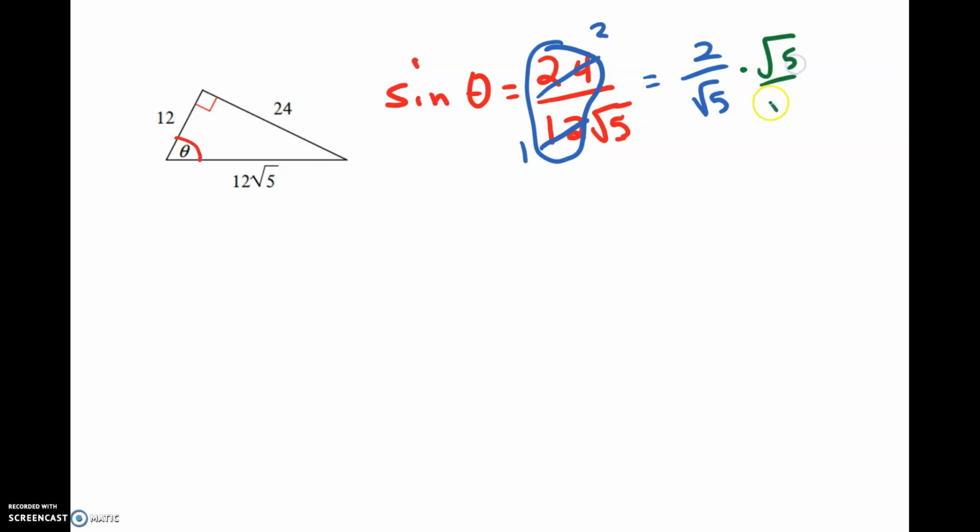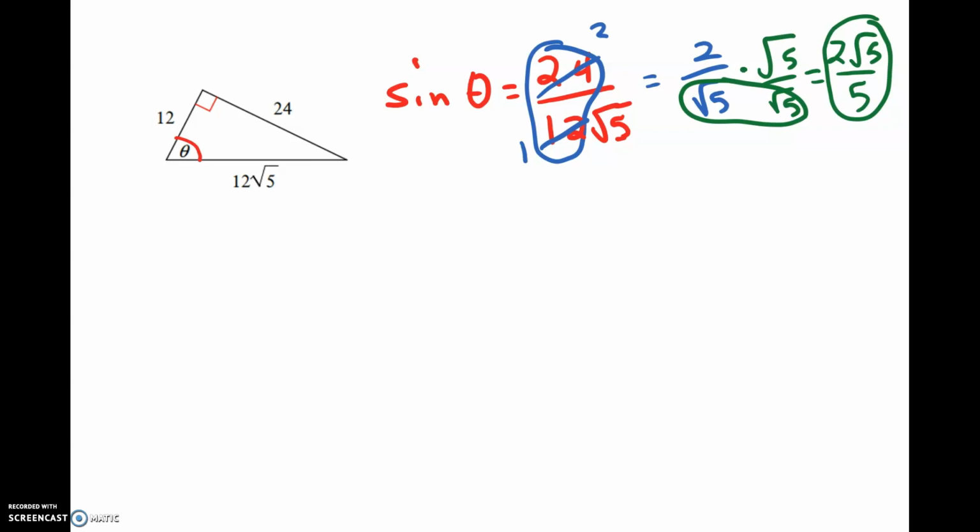We multiply by 1, really. So you're multiplying by the square root of 5 on top and bottom. You're not changing the value, you're just changing the way that looks. And we got 2 root 5 over square root of 5 times the square root of 5. Square root of 5 times square root of 5 is 5. Boom! There's the sine.